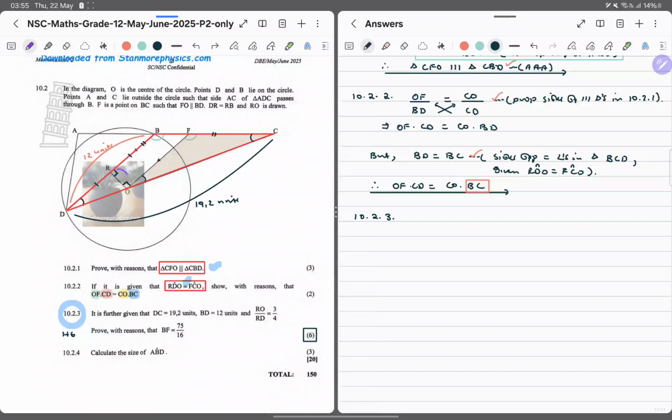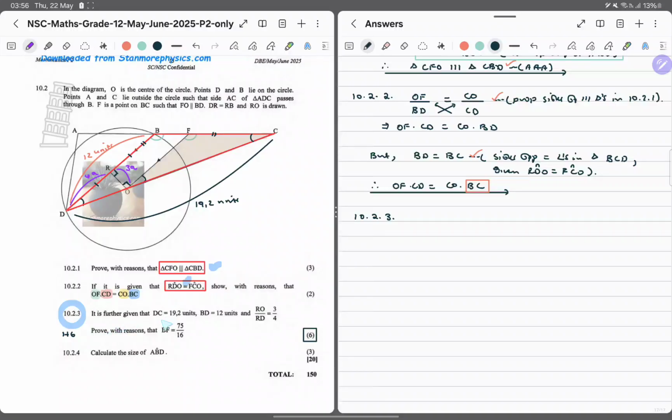So RO over RD, so many overlaps, okay, is 3/4. So this means this is 3A. That should be 4A, okay? Nice and easy. All right, so this is all that we are told.